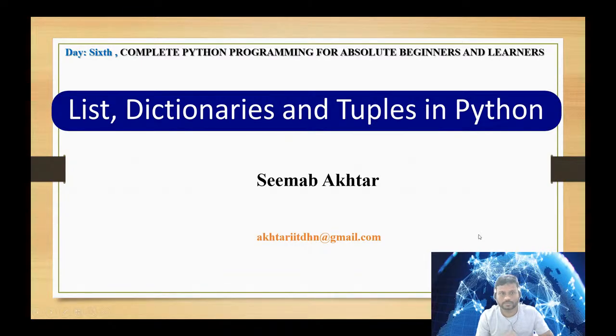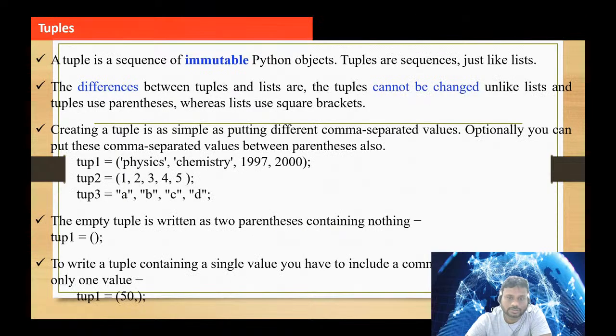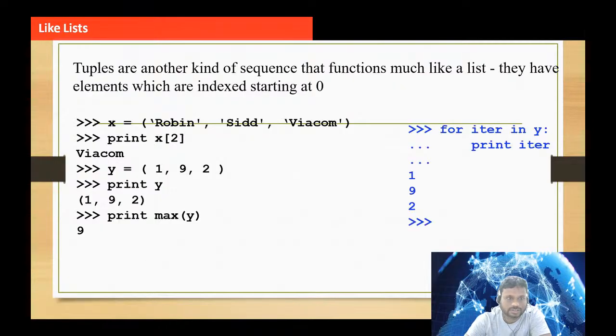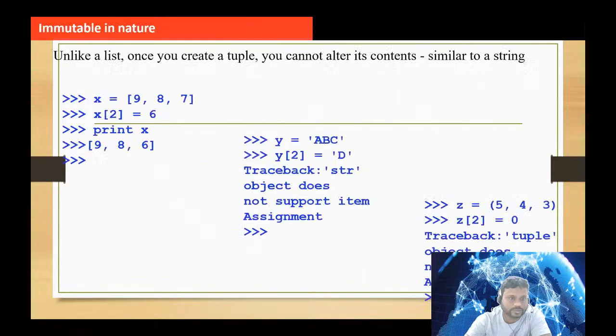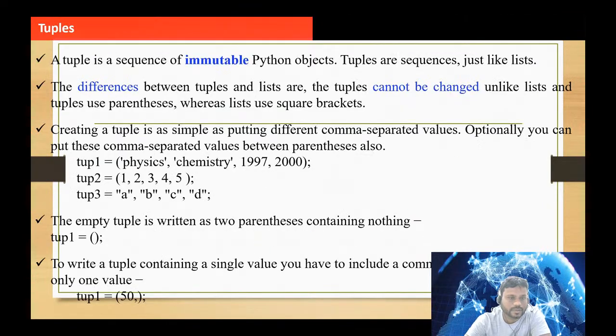Yes, okay. Today we will learn about lists, dictionaries, and tuples in Python, and what a lambda function is. If we talk about tuples, a tuple is a sequence of immutable Python objects.